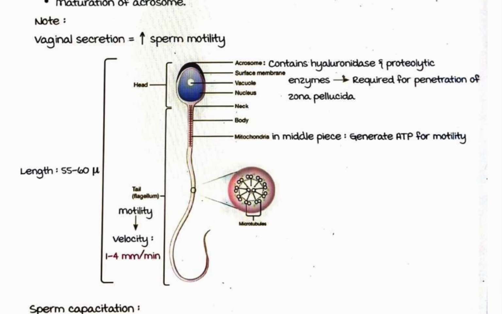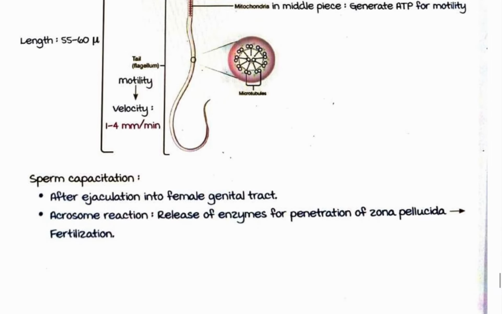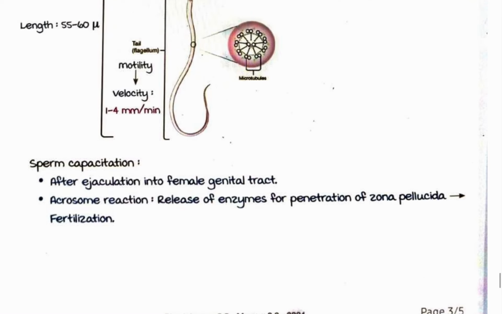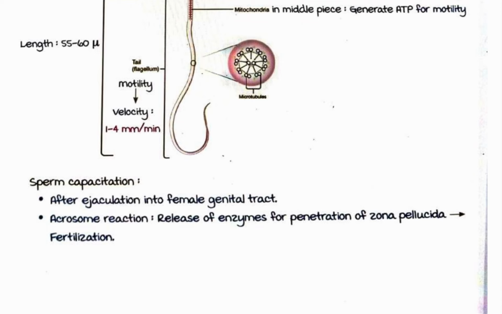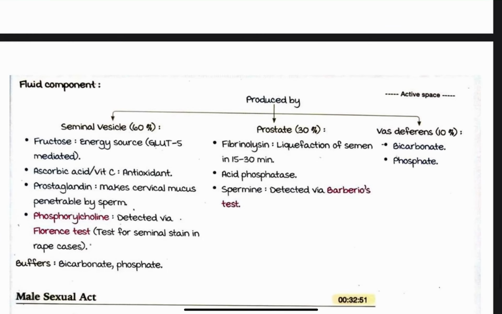Surface membrane, vacuole, nucleus, neck, body, mitochondria in the middle piece generate ATP for motility. Sperm capacitation: after ejaculation into the female genital tract, acrosome reaction, release of enzymes for penetration of the zona pellucida, then fertilization.